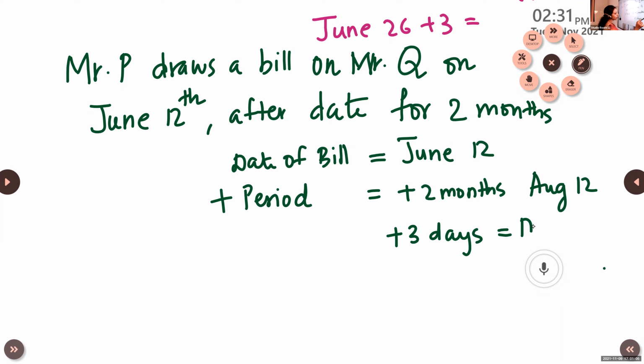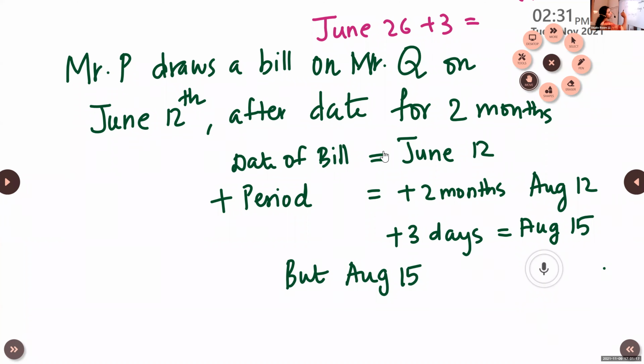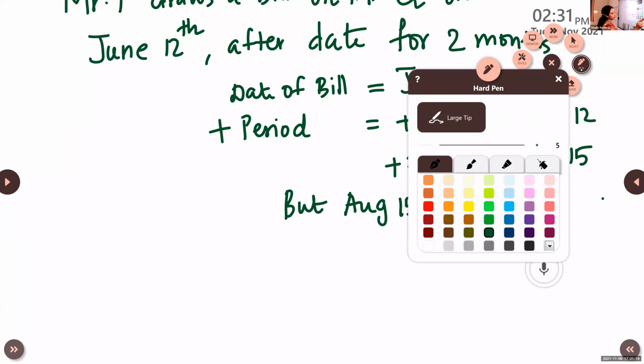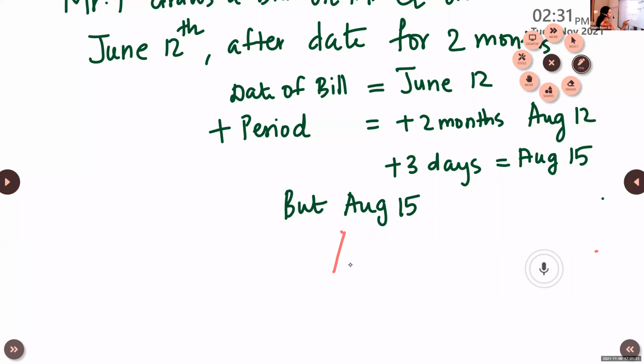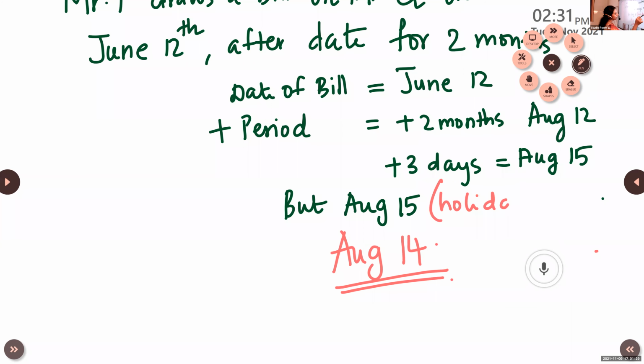Then it becomes August 15, but August 15 is a public holiday. So the due date is the preceding day. Answer is August 14. This holiday is on account of Independence Day. Okay?